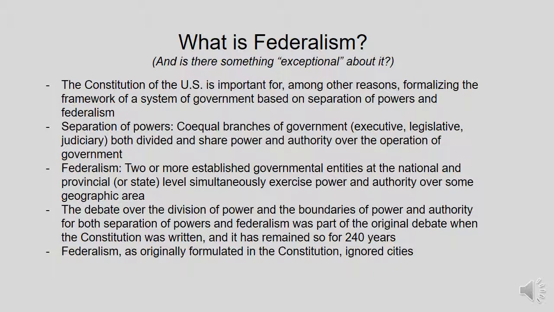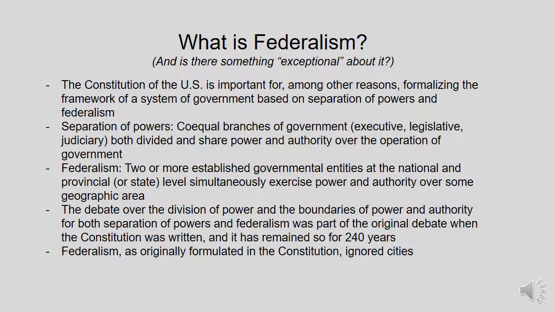And so it establishes a framework, right? The two main elements of the framework of the Constitution, in my opinion, are separation of powers and federalism. Those two main things really are the supports for the whole structure. So separation of powers, as you know, means co-equal branches of government, right? The executive, the legislative, and the judiciary, which both divide and share power and authority over the operation of government.